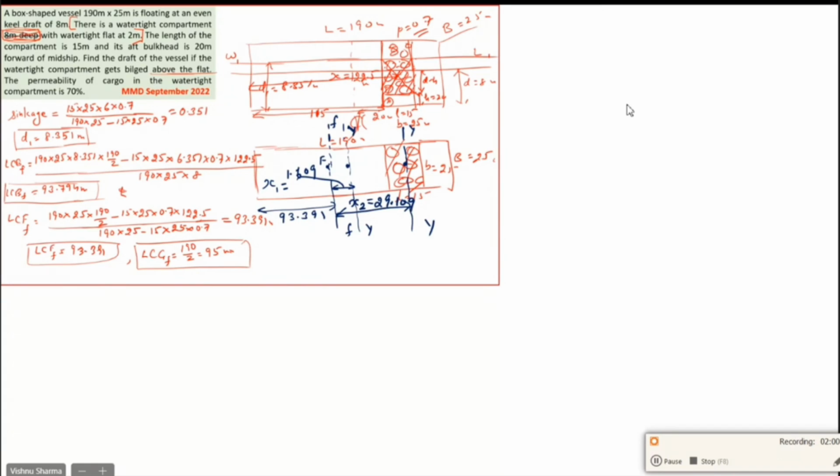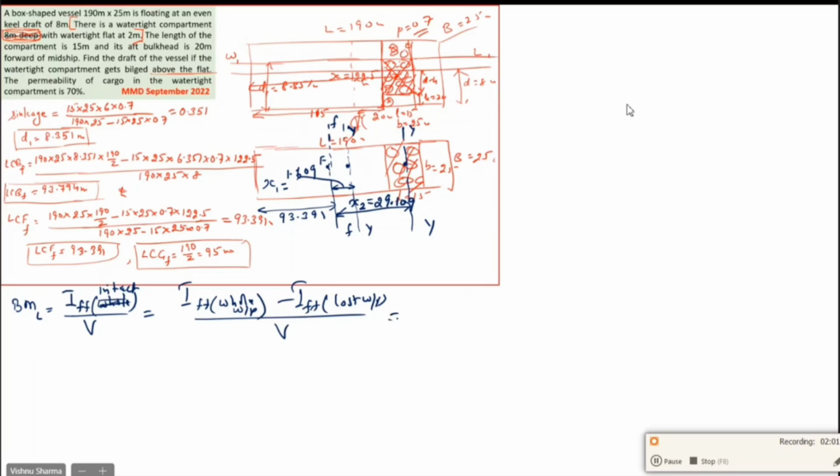Now we are good to get. My eye is on my diagram, guys.